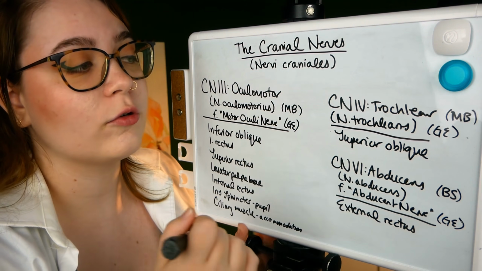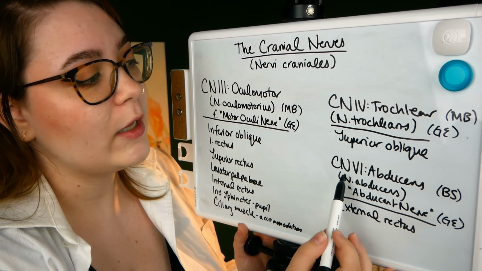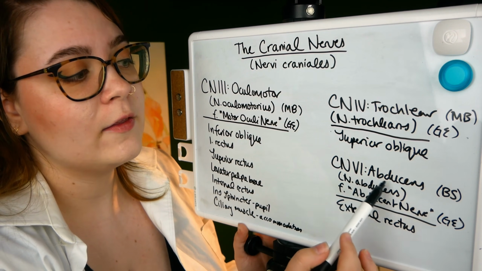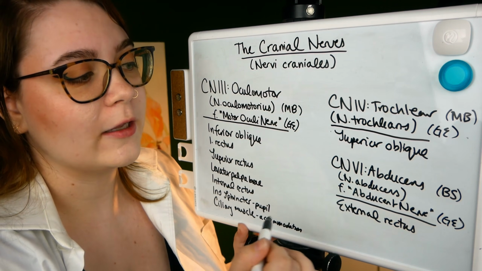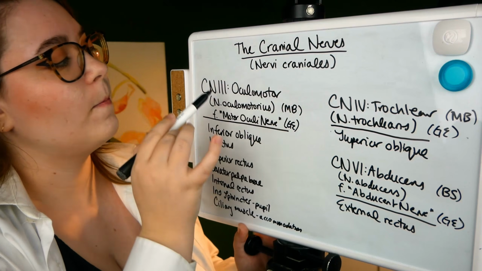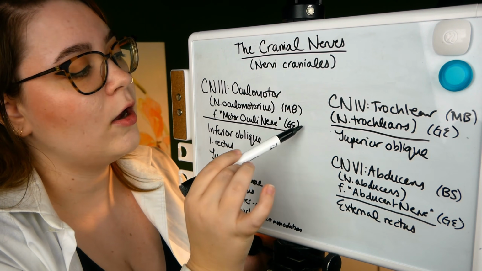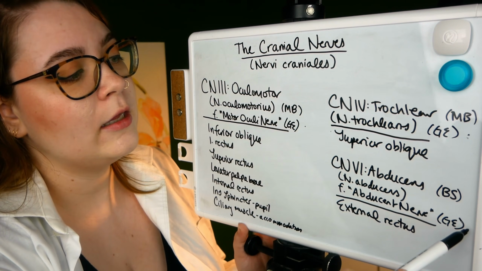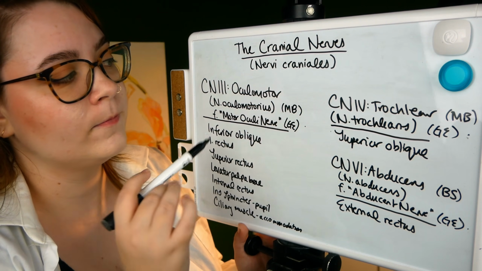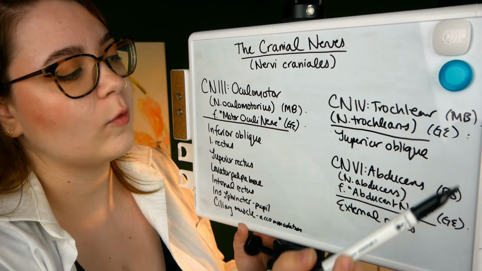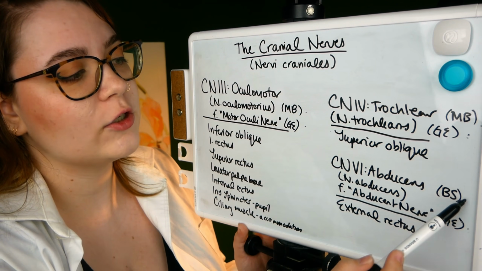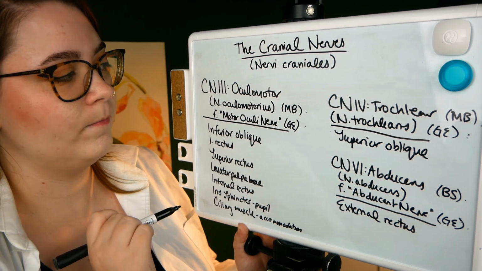That's what trochlearis is. Then we have cranial nerve 6, the abducens nerve. This is nervus abducens. So these all are general efferent nerves. Number 3 originates in the midbrain as well as number 4, whereas number 6 originates in the brainstem.